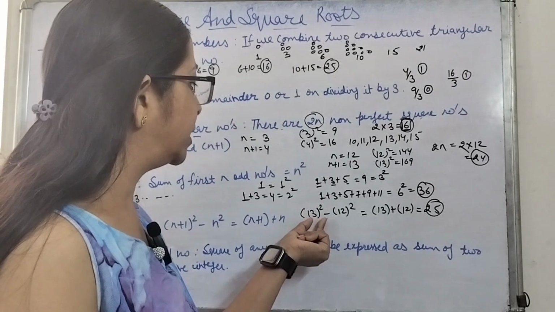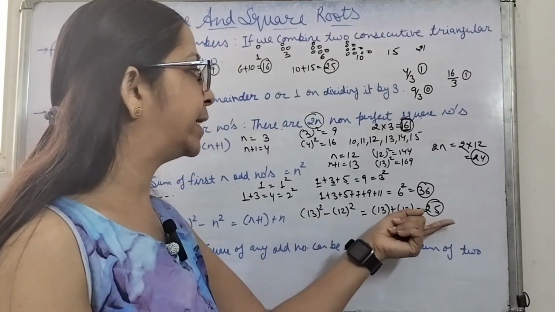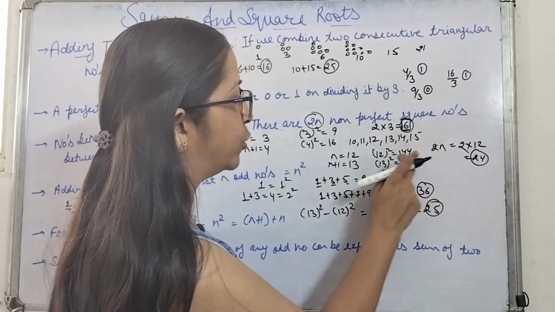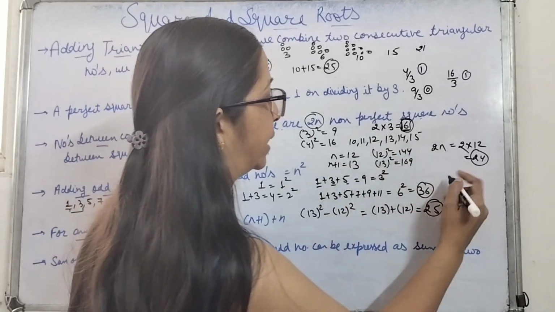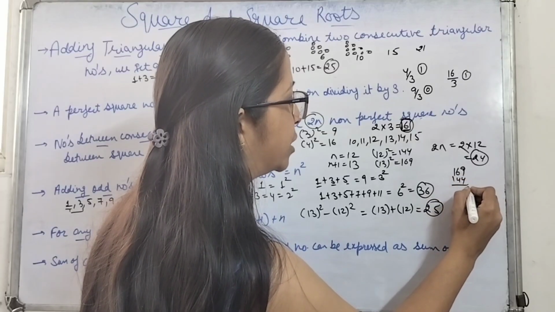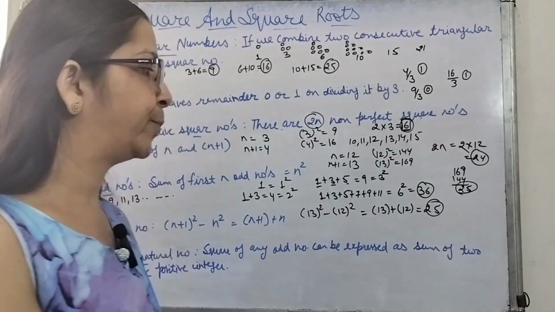The difference between 13 square and 12 square will be equivalent to the sum of 13 and 12, that is 25. We can check it here. The square of 12 is 144, the square of 13 is 169. If we find the difference of these two, 9 minus 4 is 5, 6 minus 4 is 2, it is 25.